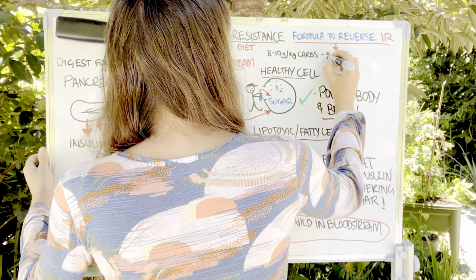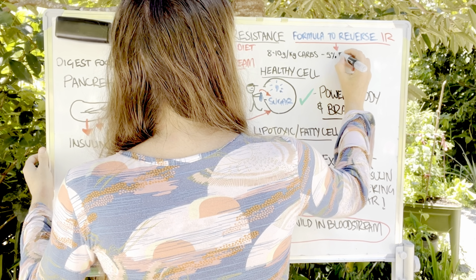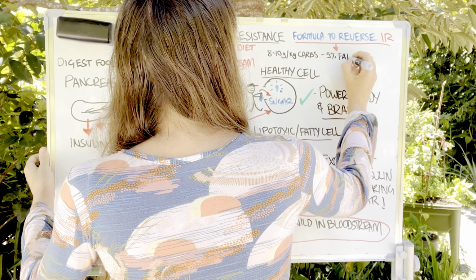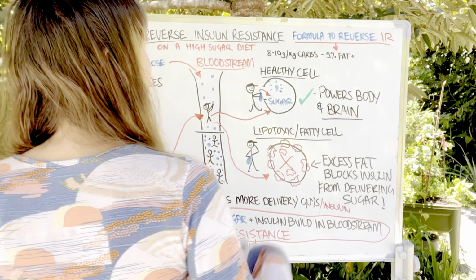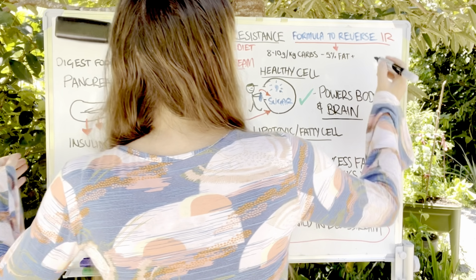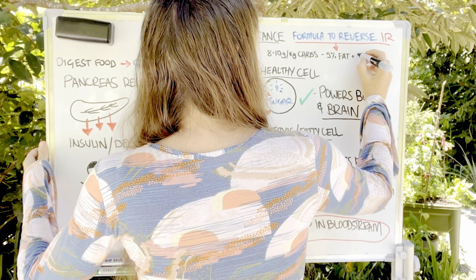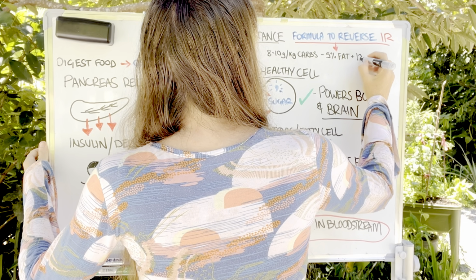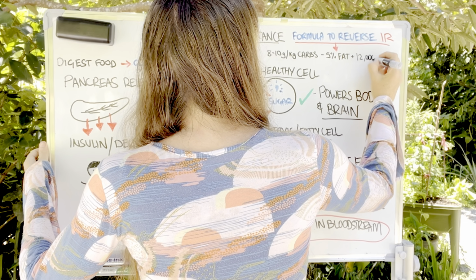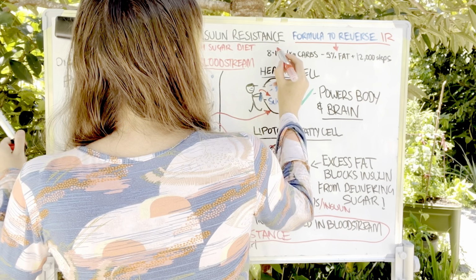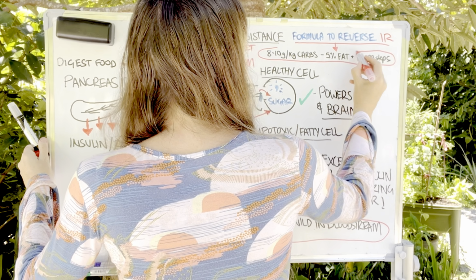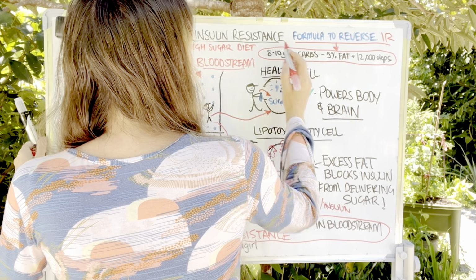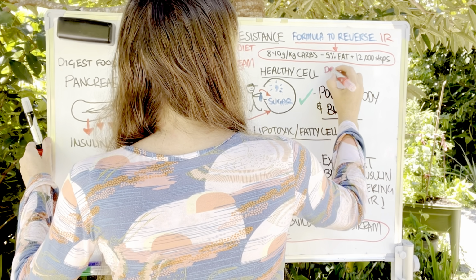You want to have 5% of daily calories from fat, and you want to move your body because that helps to mop up the insulin, the glucose in the bloodstream. So 12,000 plus steps per day. This works. Do it daily and get back to me, and your life will change. You will reverse insulin resistance.